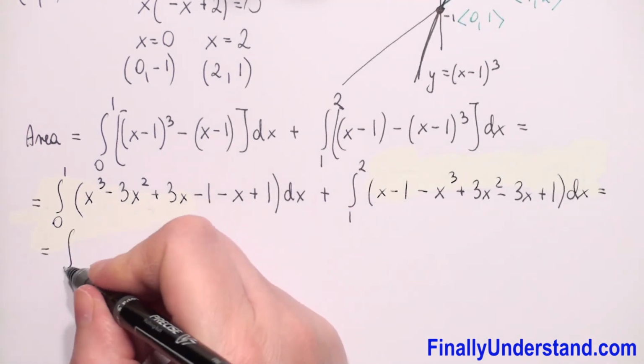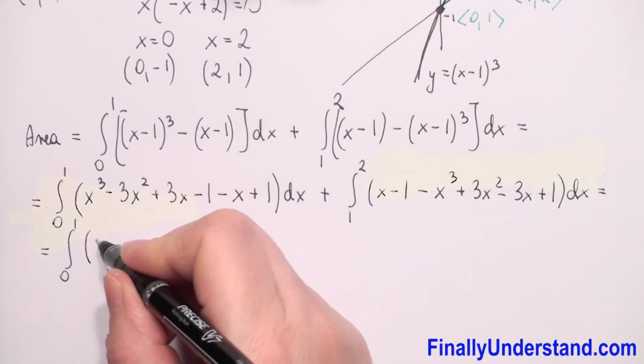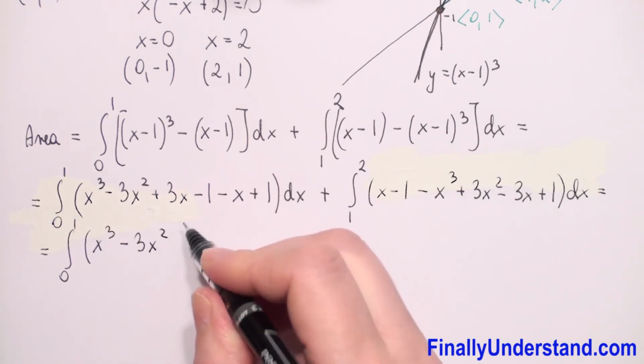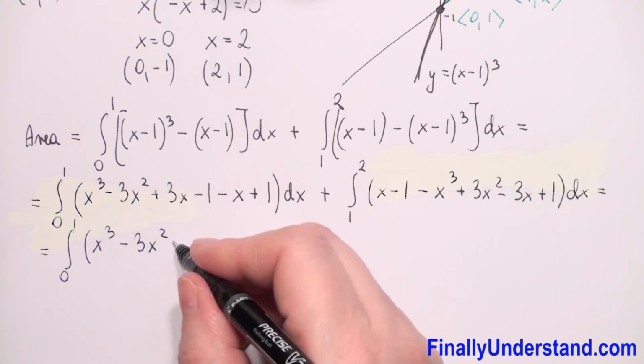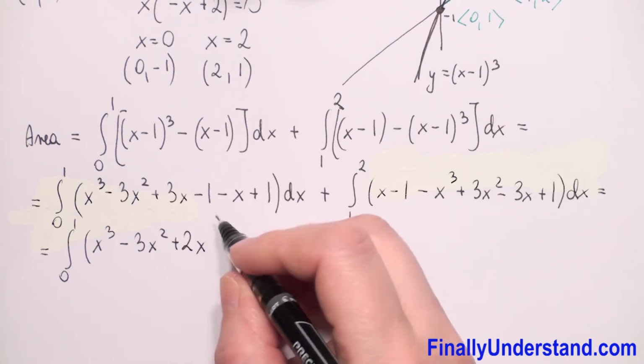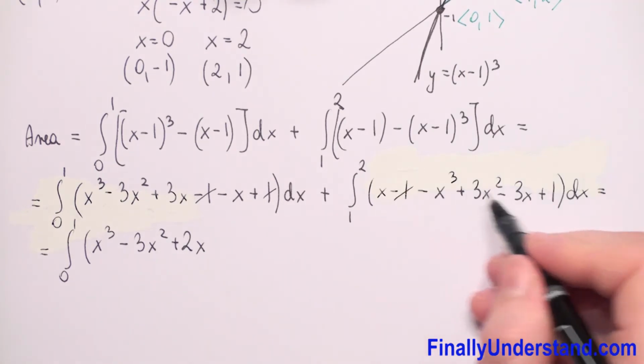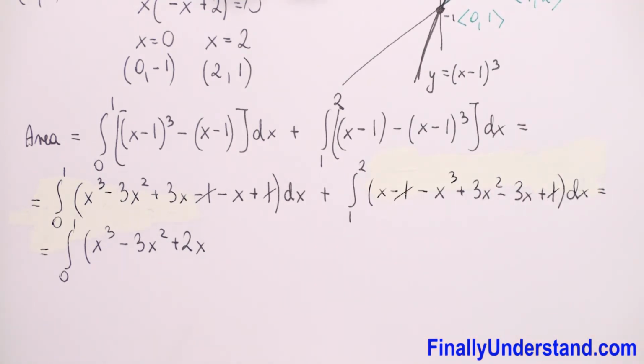So this is equal. We have the integral from 0 to 1 of x cubed minus 3x squared, 3x minus x, so it will be plus 2x. Negative and positive 1 will reduce. The same will be in the second parenthesis.